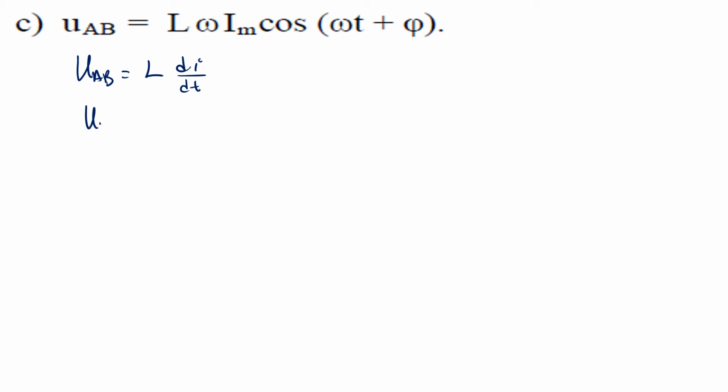So UAB is equal to L d by dt of the form for i that we had before, Im sine omega t plus phi.